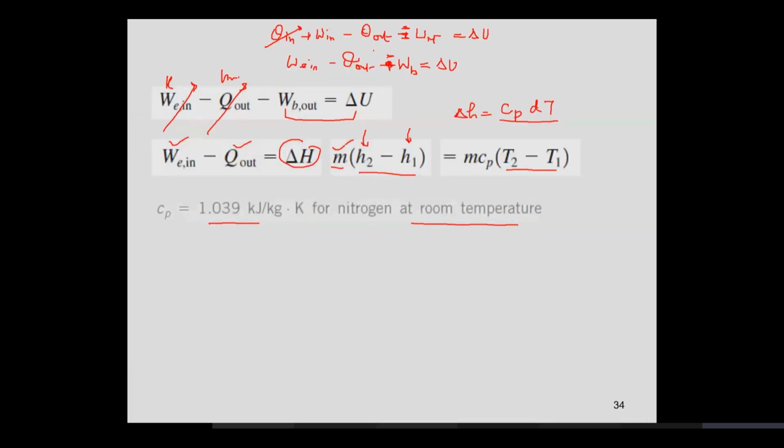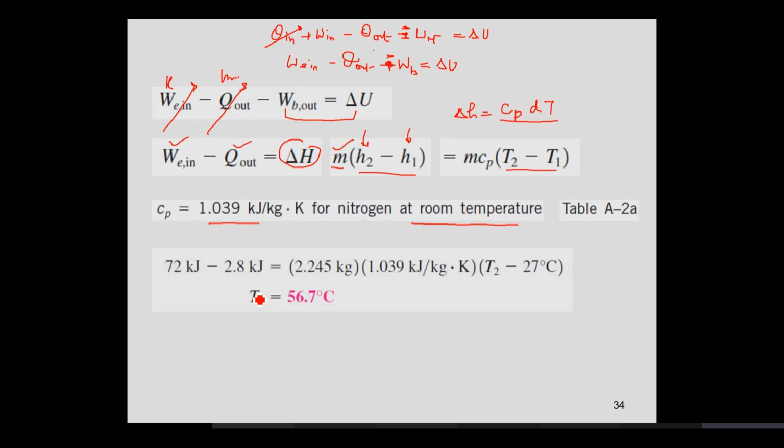So you will use the Cp value at room temperature from table A2A. This you have calculated, this is given, mass you have calculated, Cp value from table A2A, T1 is given, and you can find the final temperature to be 56.7 degrees centigrade. Clear enough? All right, so I'll stop over here.